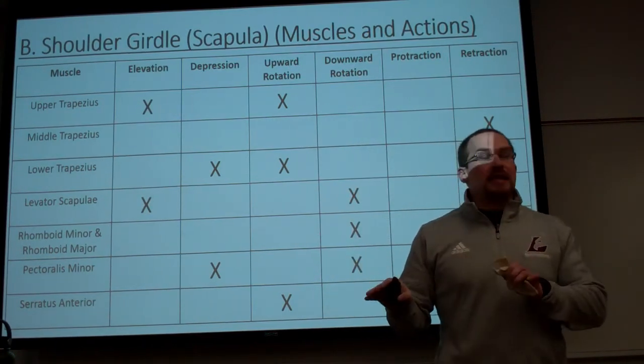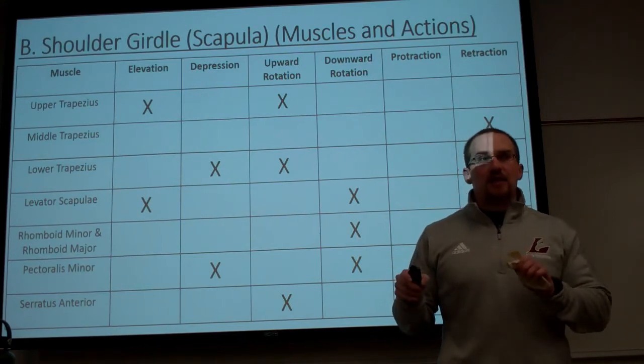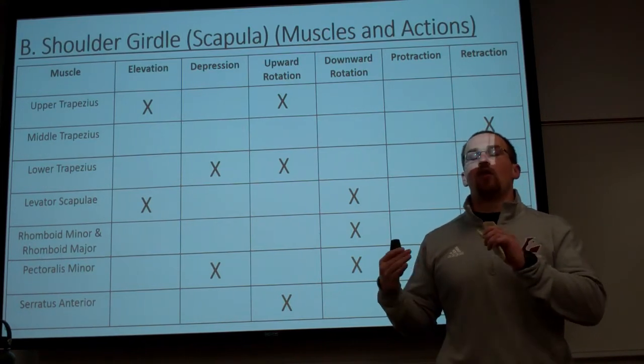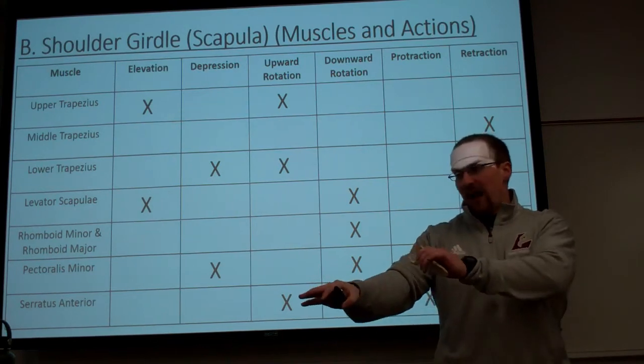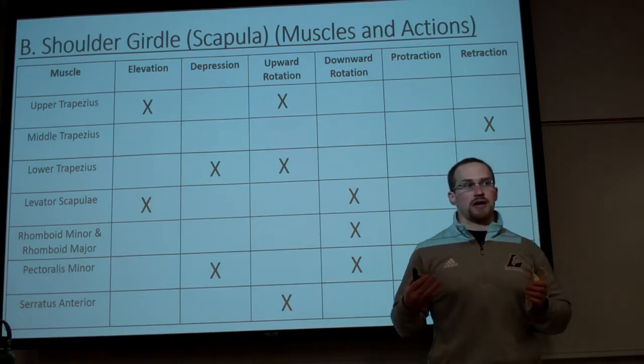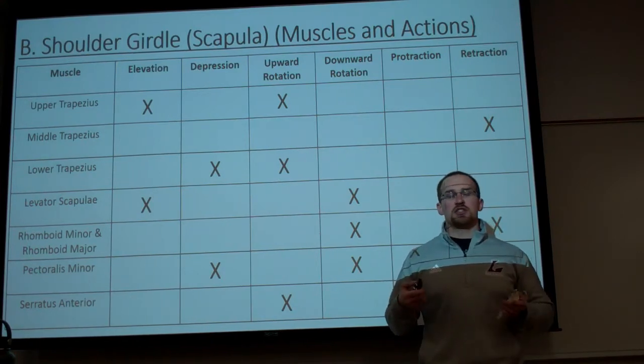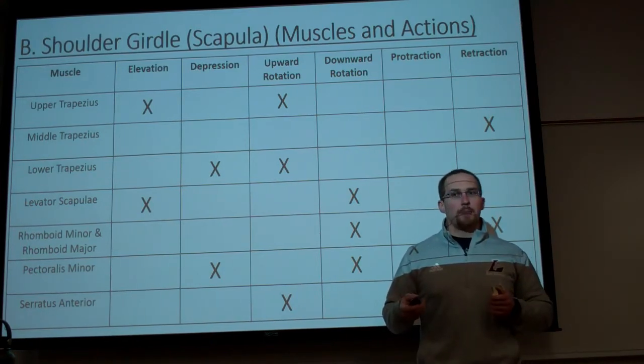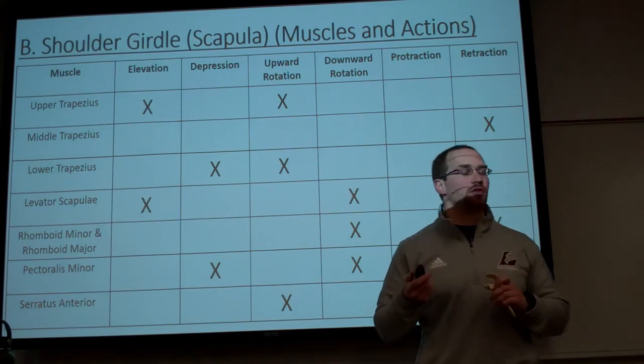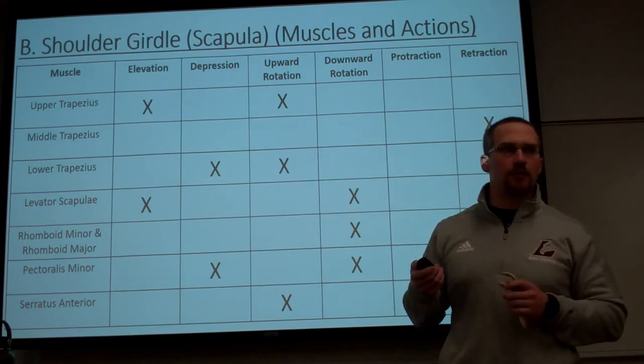In your notebook, it's got it organized differently. It has the action and all the muscles that perform that action. So what I provided here is just a different way to organize it. Feel free to use both when you're studying the muscles and what actions they perform. But I would have this handy here as we go through the muscles here up on the board.